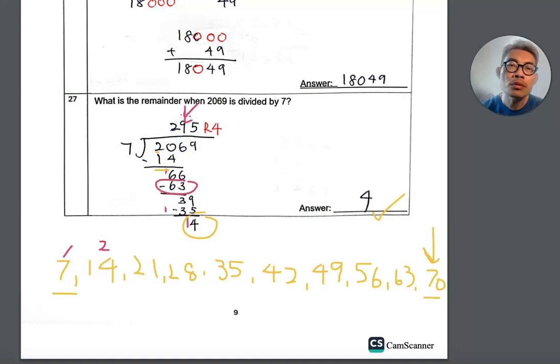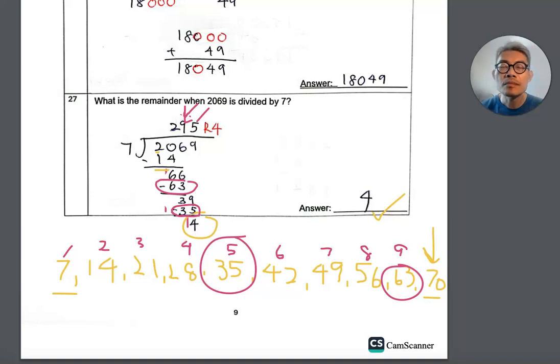Well, you see, 1, 2, 3, 4, 5, 6, 7, 8, 9. I get my 63. And how do I know 35? 7 times what number gets 35? I know it's 5 because you see 1, 2, 3, 4, 5. I get my 35. So don't give up. You can build your own times table in the exam if you really can't remember it for now. That's all I'm going to say about this method, which is not a very good method, but it's better than nothing.